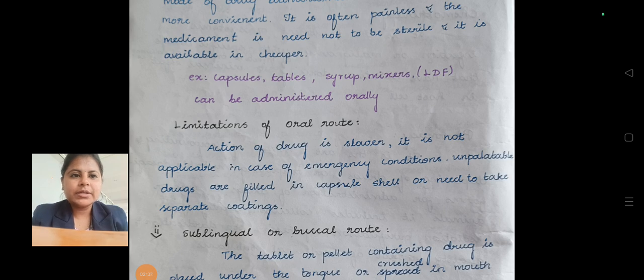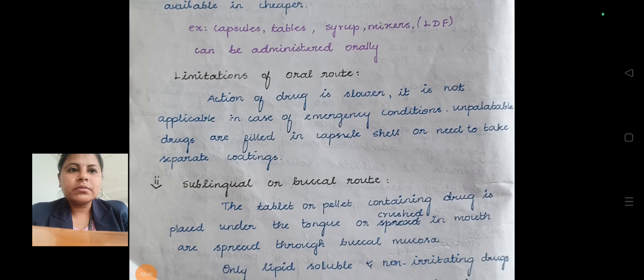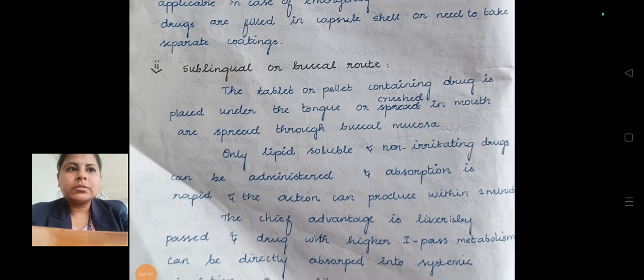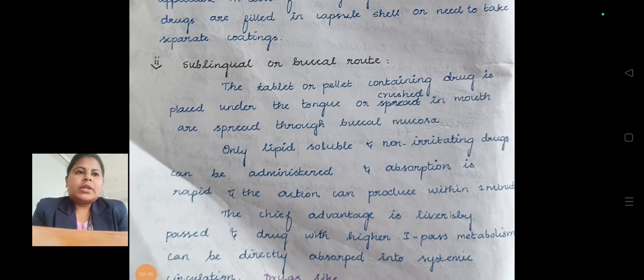And the second type is the sublingual or buccal route. The tablet or pellet containing the drug is placed under the tongue, or crushed in the mouth, or spread through the buccal mucosa. The buccal mucosa is the inner lining of the mouth.